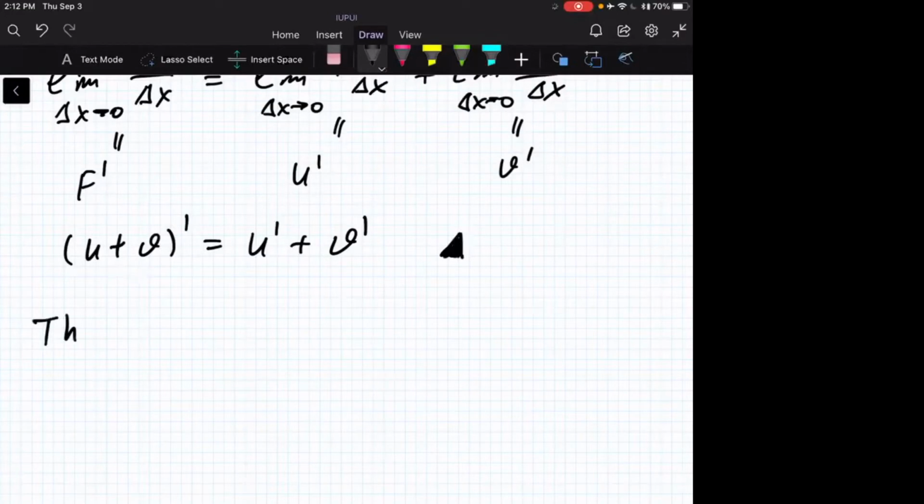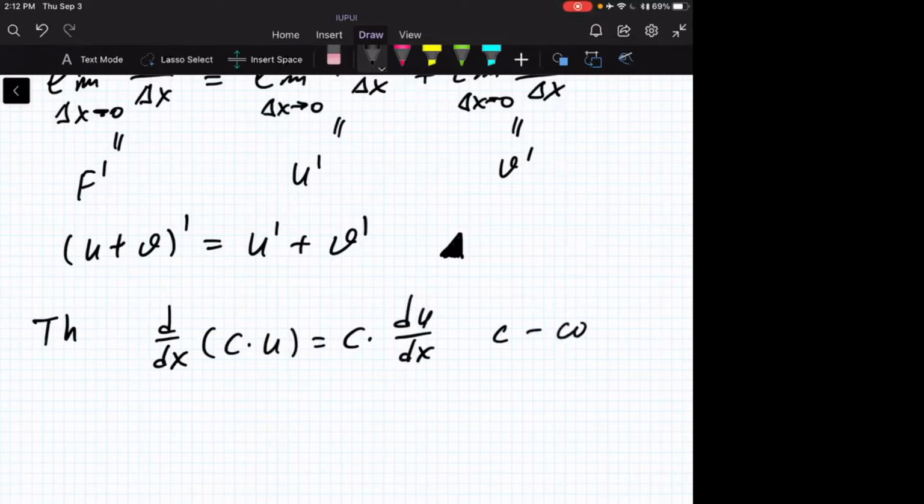And there is another theorem that is an exercise 27. It says the following: d over dx of c times u is equal to c times du over dx, where c is some constant. So that means that you can put the constant outside of the derivative.